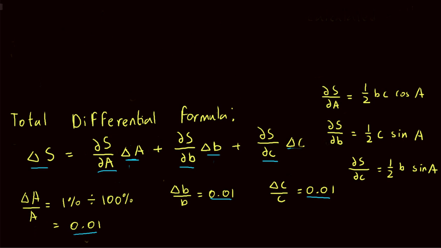Okay, so in this case, we already got del S over del A, del S over del B, del S over del C, and we got delta A over A, delta B over B, delta C over C.